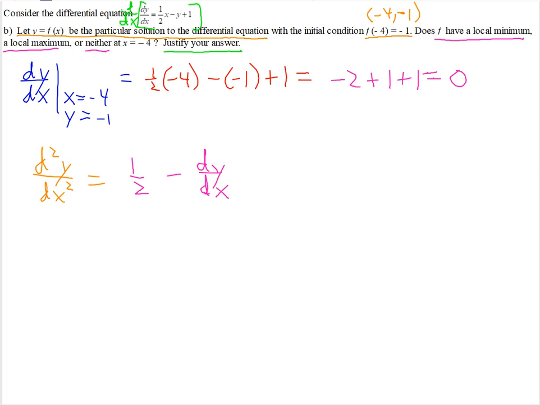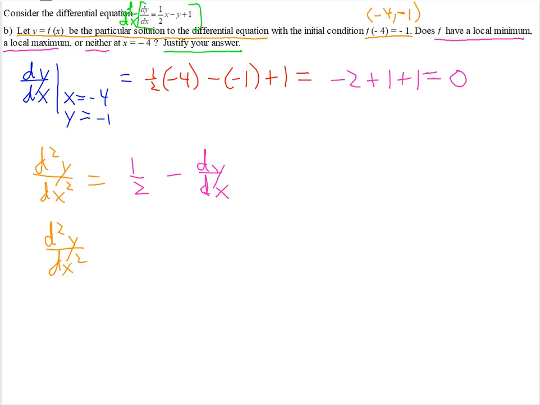The derivative of 1 is 0. Now, normally what you would have to do is substitute for dy dx right here to get it in terms of x and y. But because we're just interested in what's happening with the second derivative at this point, we don't need to do that.